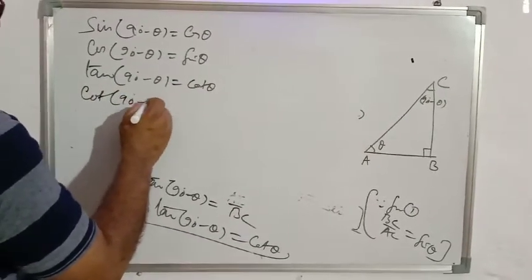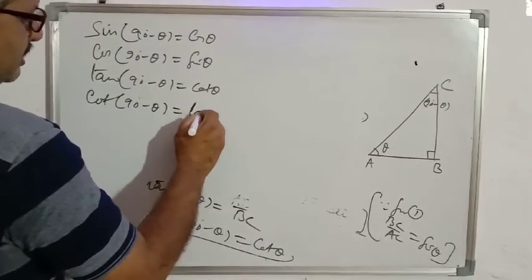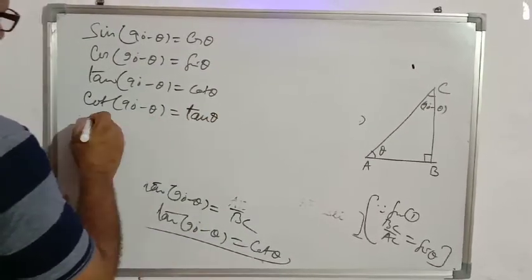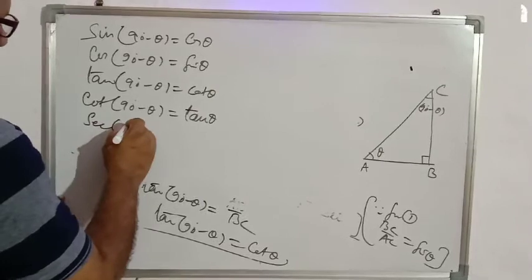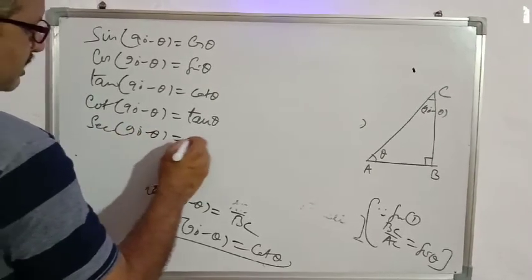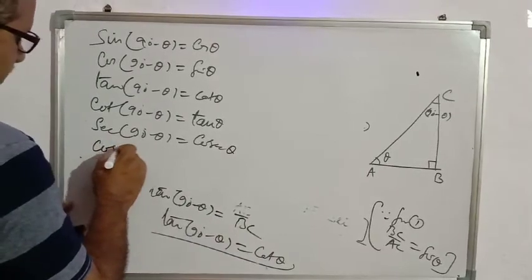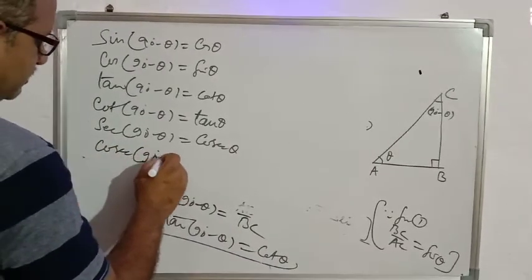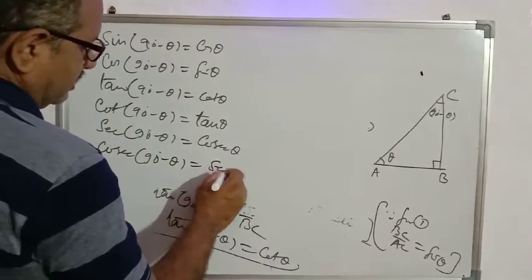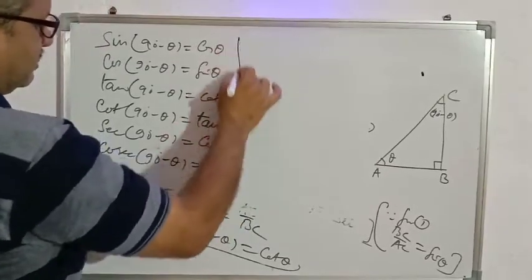Cot 90 minus theta is tan theta. Sec 90 minus theta is cosec theta. And cosec 90 minus theta is sec theta.